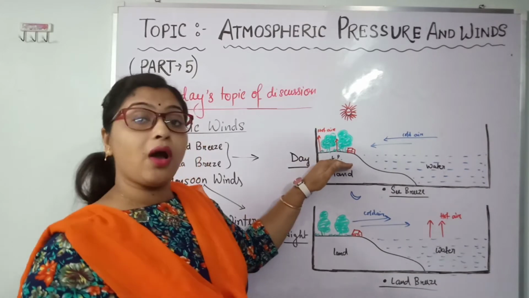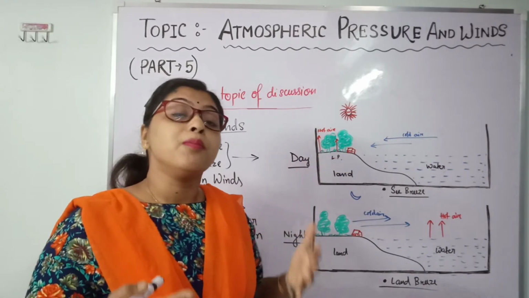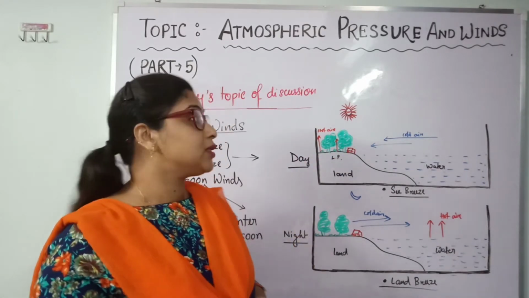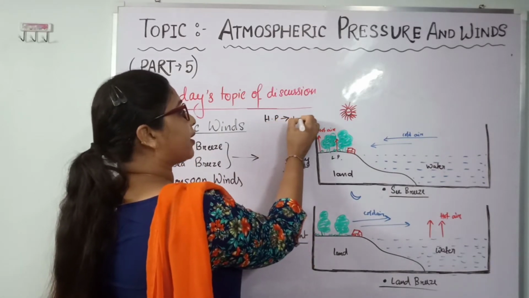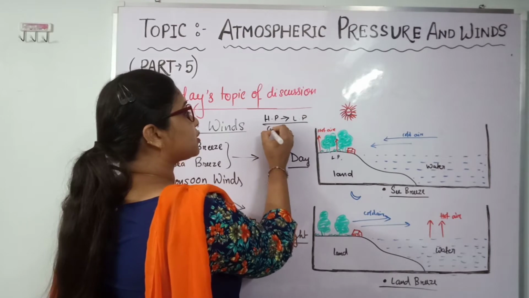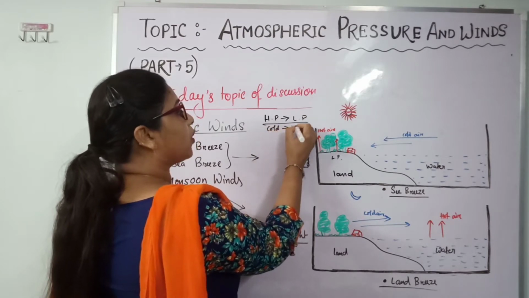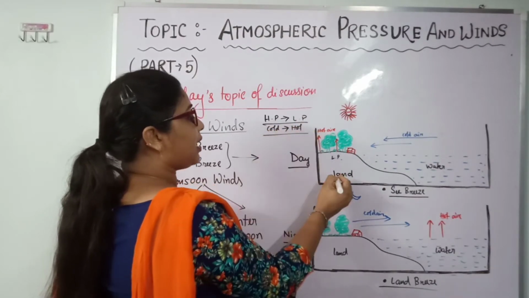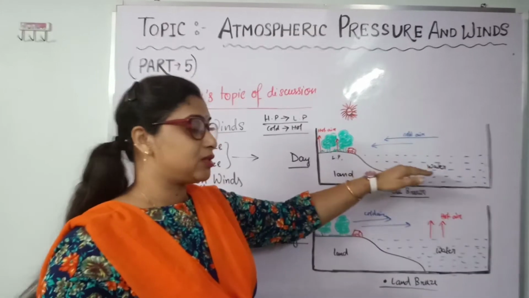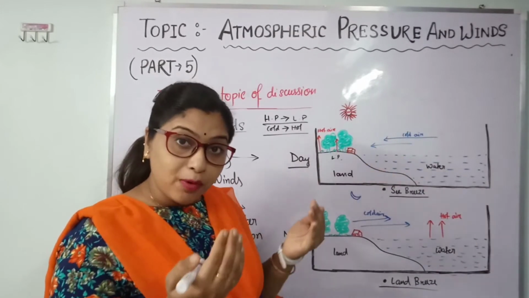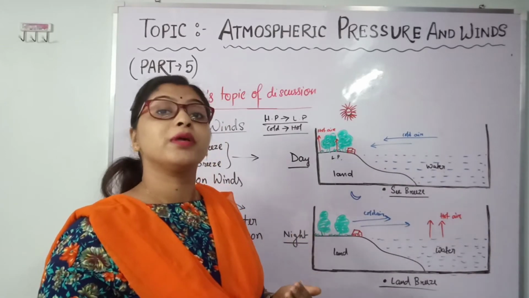We also know that the movement of wind is always from high pressure to low pressure. High pressure means the cold area, moving to the hot area, as the land has low pressure and is hotter than the water bodies, because the water gradually absorbs the heat.